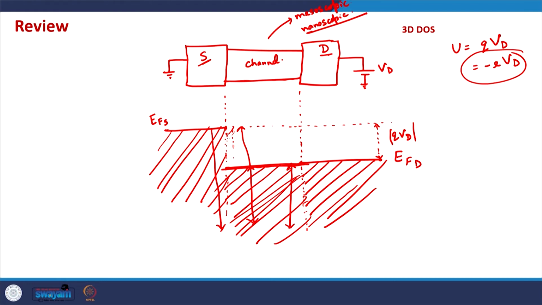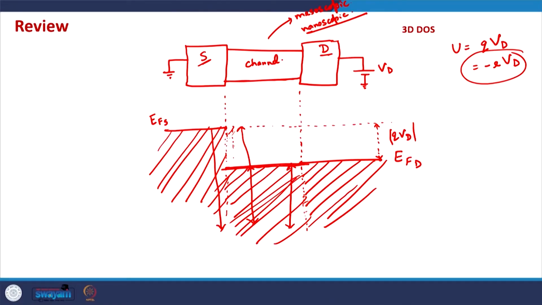and since the number of electrons in the source region and in the drain region are extremely large, they will actually fill all the electronic states below this level, which is basically the drain Fermi level. But the states in between EFS and EFD, the source Fermi level and the drain Fermi level, the source terminal is trying to fill them, but the drain terminal will try to empty them.